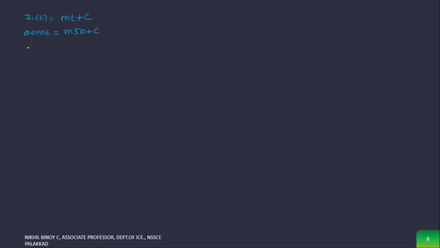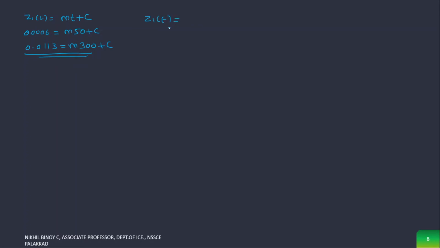Then if t is equal to 300, Z1 of t is 0.0113, that is equal to m into 300 plus c.